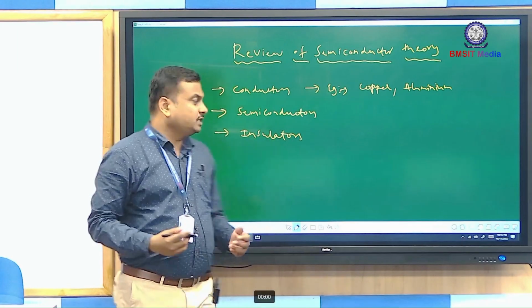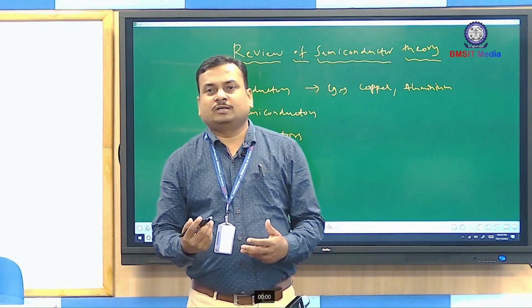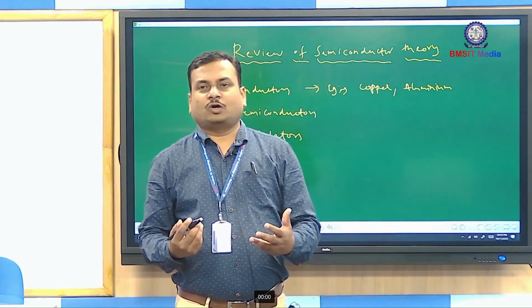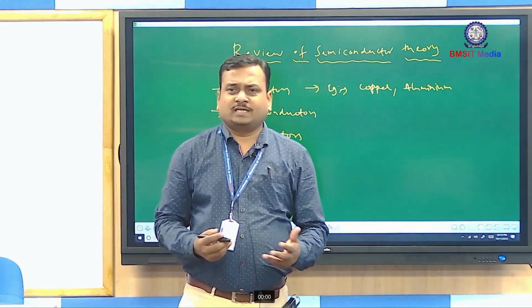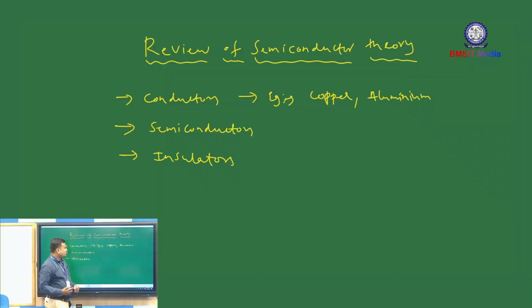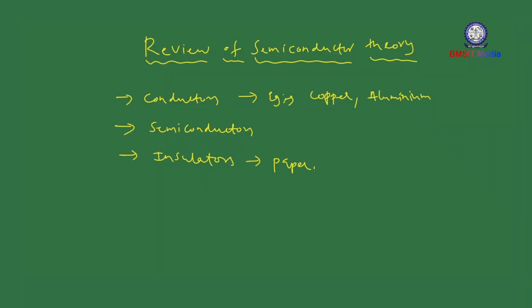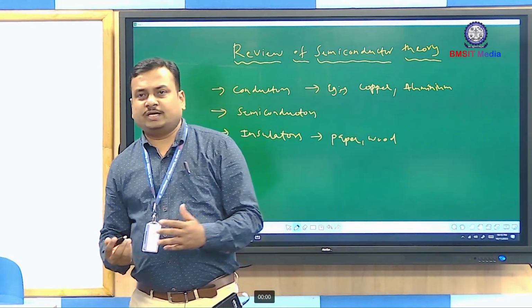Next we will see what an insulator is. Insulator means the resistance offered to the flow of electrons by that material will be very high. Because of that, we can say there is no electric current flowing in an insulator. Examples here are paper, wood, etc. Then the next one is the semiconductor.